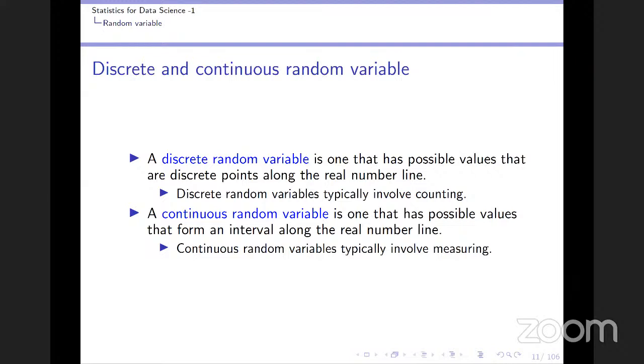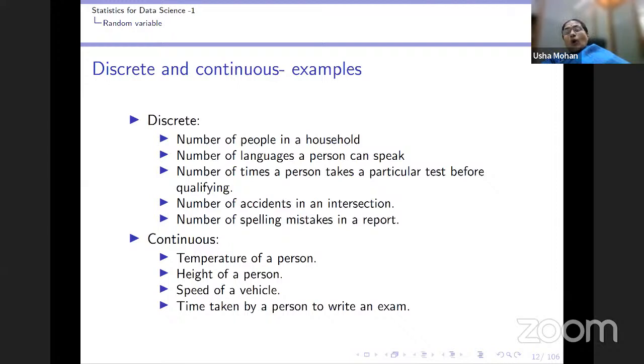With this understanding, we will look at what situations can be modeled as discrete. Whenever you're counting, that could be number of people, number of languages, or number of times a person takes a particular test. I'm saying number of times a person takes a particular test, not the time taken by a person to write an exam. When I'm measuring the time taken to write an exam, it would be a continuous variable.